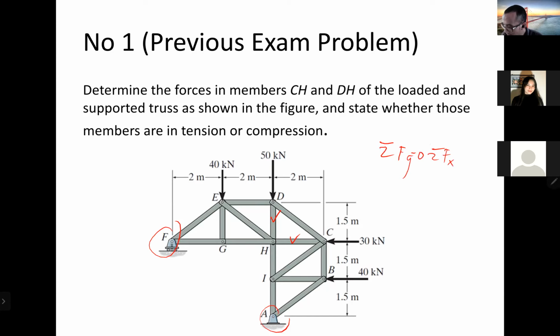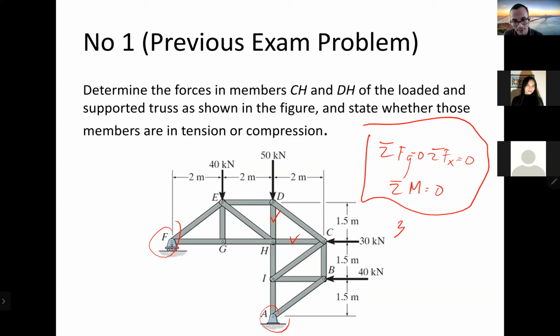You have this equation, right? So basically, if you just want to use one side of the free body diagram, you will be left with only 3 equations, correct? Yes, sir. In that case, it will be better if you can find only 3 members to cut.